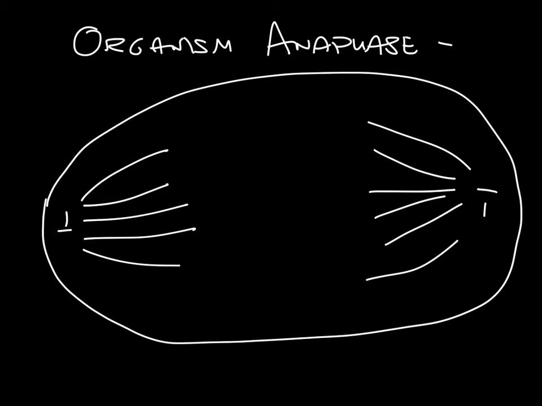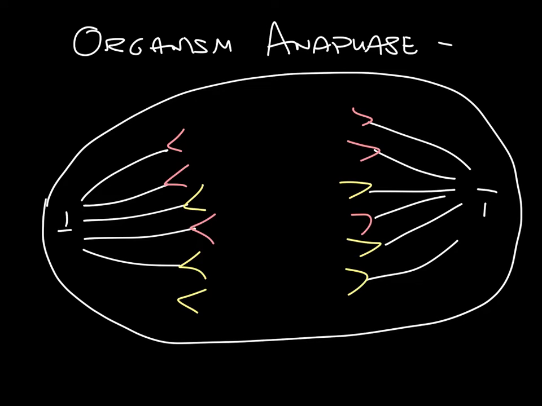And let's use pink. So you might have something that looks like this. And here's, I need to make more spindle fibers. And it could be something as simple as this.